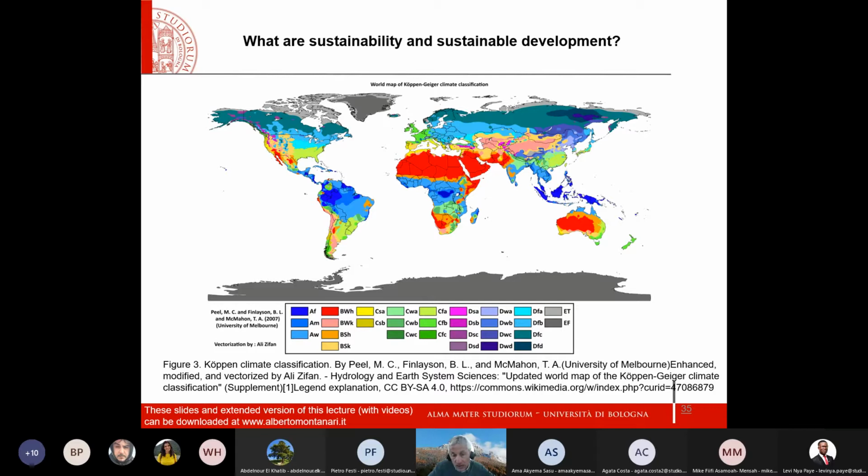You see the north of Africa, where most of the deserts are concentrated. You see the desertic part of Australia and other spots over east of Europe. Of course, the dry climate is where most of the problems related to water resources are.